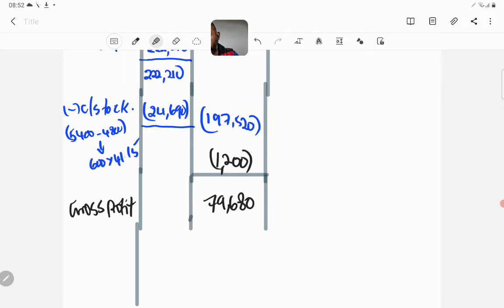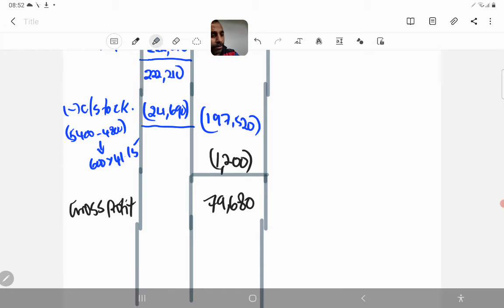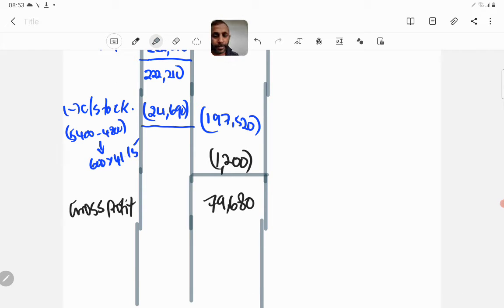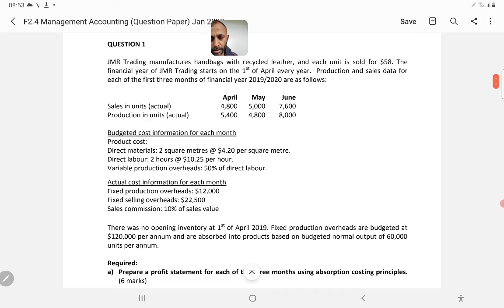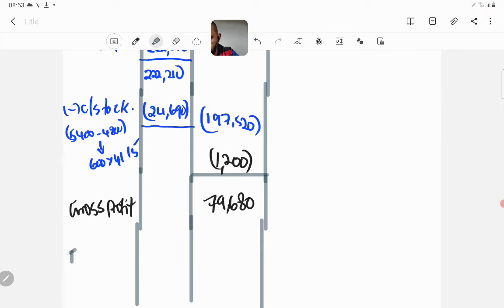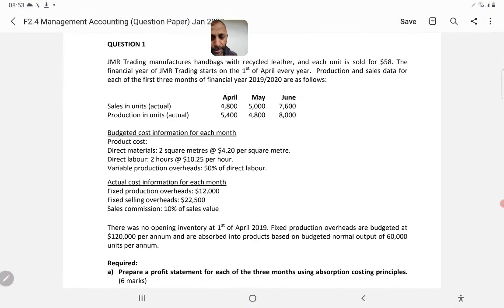Now we need to subtract other expenses. What other expenses do I have? If you go to the question, fixed selling overhead is 22,500, and they also have some other information.